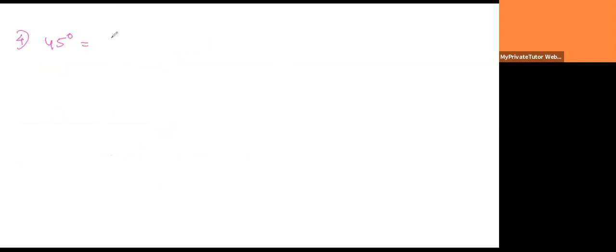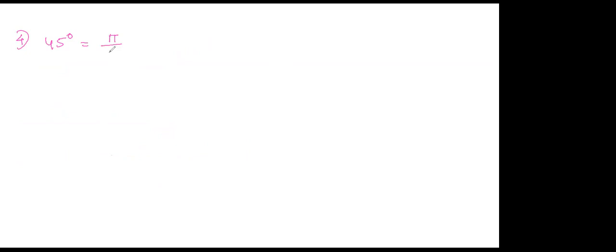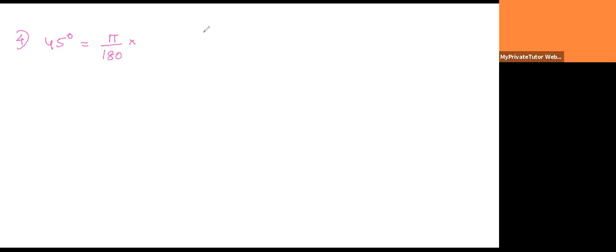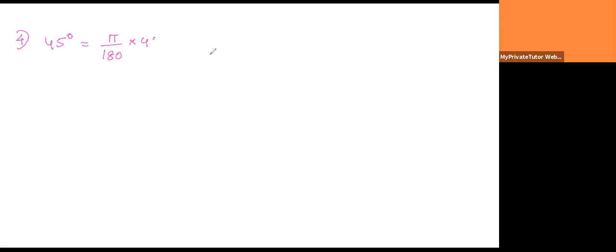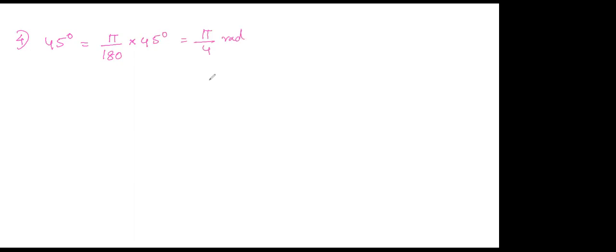So pi by 180, then multiply by whatever number is given in the question, then simplify. 45 times 4 is 180, so pi over 4. Very good. Make sure we write radians in it. So 45 degrees is the same as pi by 4 radians.